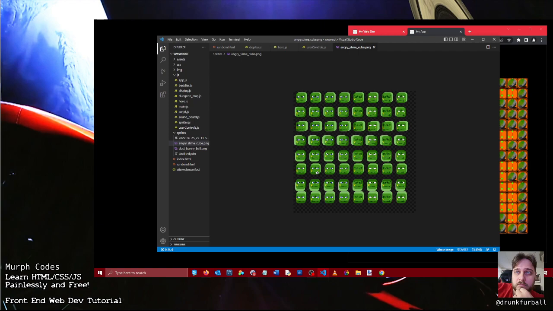Let's see here. We used this row for down.